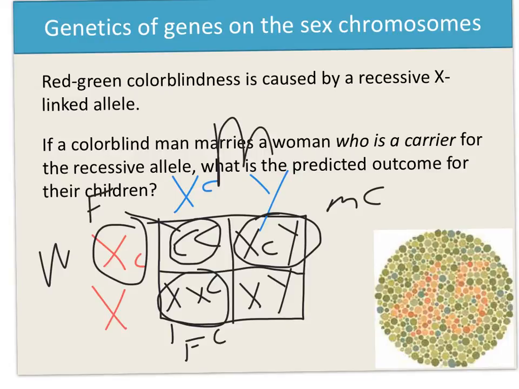And here we have an X and a Y, normal male. Okay, so of their children, we will have one female that is colorblind, a female carrier, a male that is colorblind, and a male that is normal.